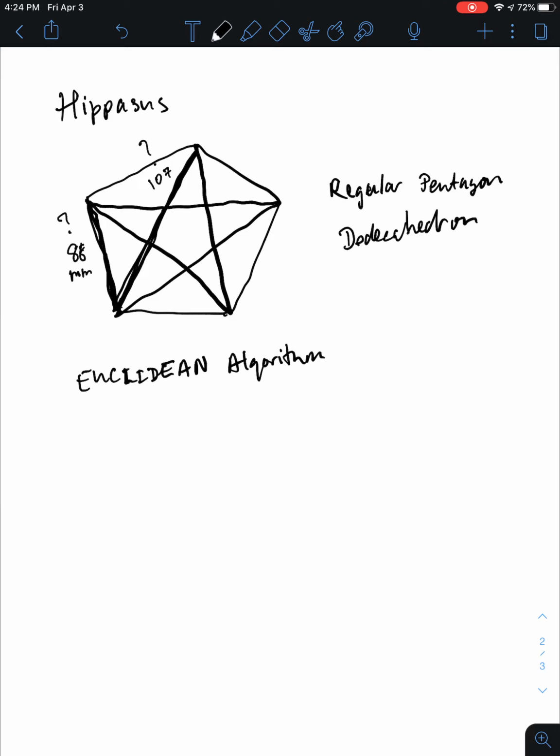Here is the longer side, here is the shorter side. Well, a little bit of geometry says that this segment here, the side of the pentagon, is equal to this segment here. And so the difference is this little chunk here. And now we do a little more geometry, and we find that this little chunk here is the same as this chunk here.